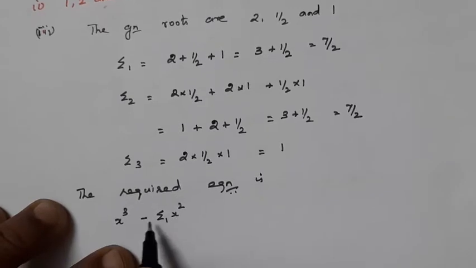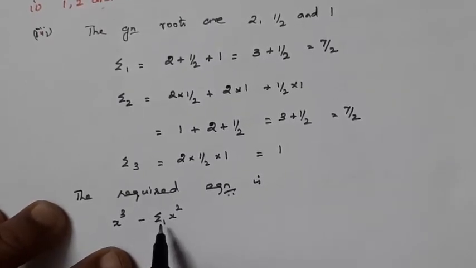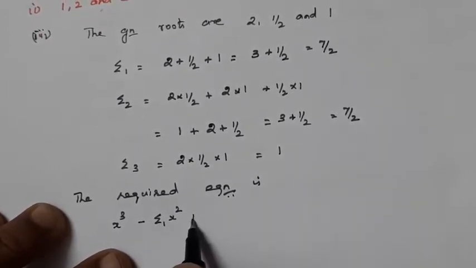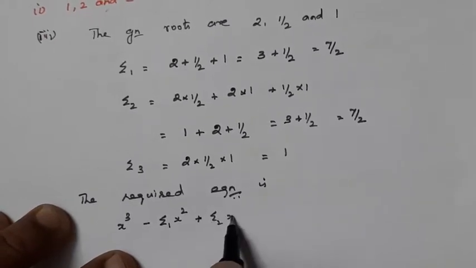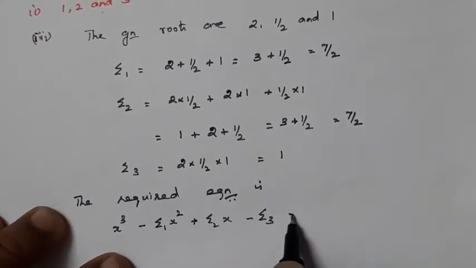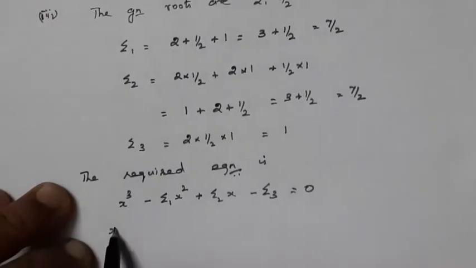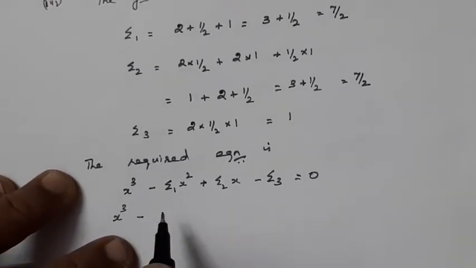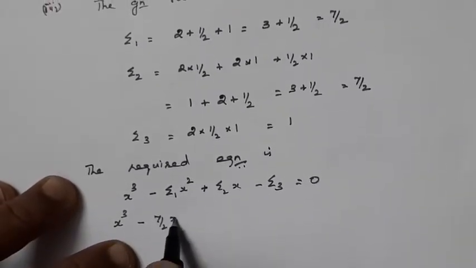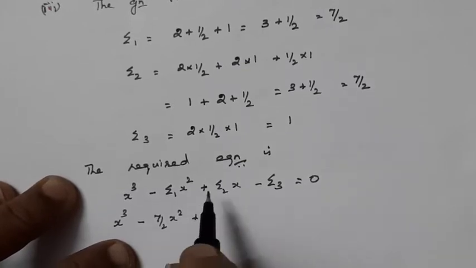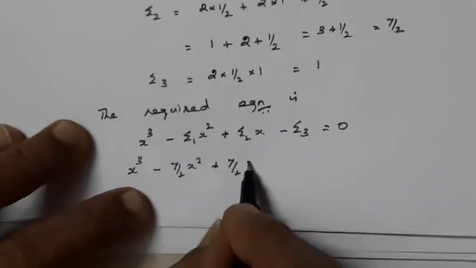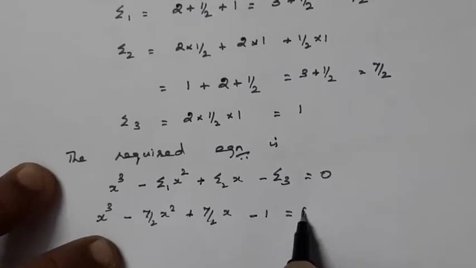The next one has the sign plus, sigma 2 into x, and then minus sigma 3 equal to 0. Substituting the values: minus 7 by 2 into x squared, plus 7 by 2 into x, minus 1 equal to 0.